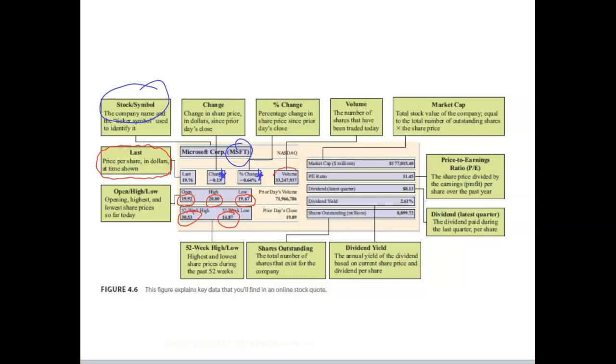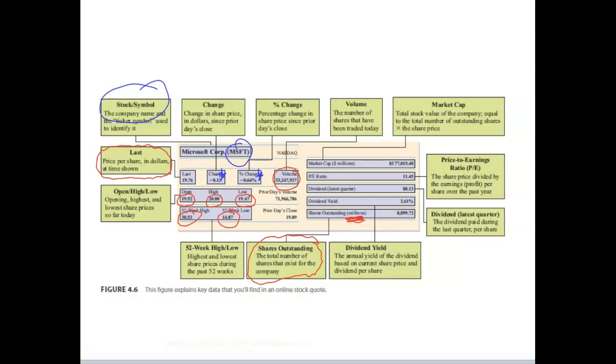Let's see what else. The volume, that's just the number of shares that have been traded today. Shares outstanding, the total number of shares that exist for the company. So notice that that's in millions. So there's actually 8,889,000 shares of Microsoft out there to be traded.